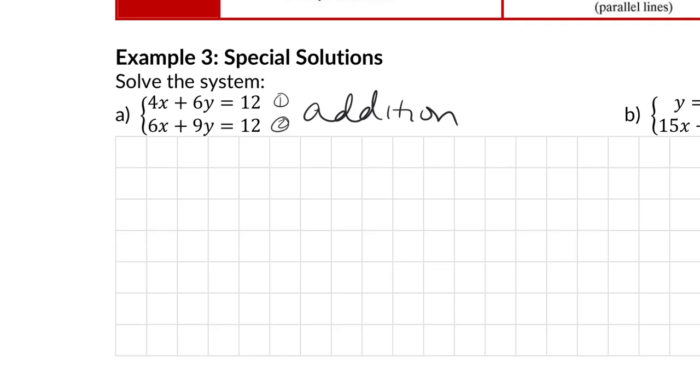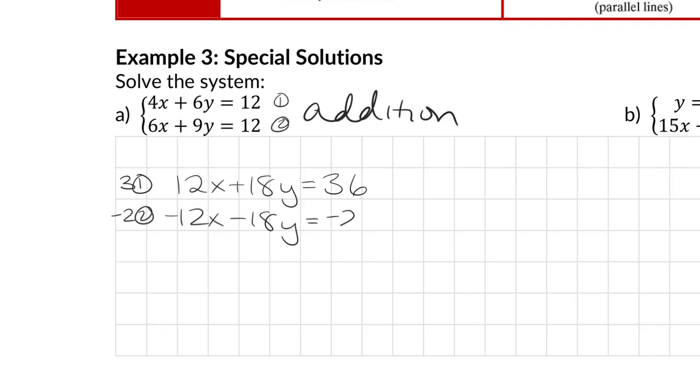So that means if we can make both of them 12x or negative 12x, we'll be able to eliminate the x's. So we're going to multiply 3 by the first equation and negative 2 by the second equation so that we end up with 12x plus 18y equal to 36, and negative 12x, the opposite, great, minus 18y equal to negative 24.